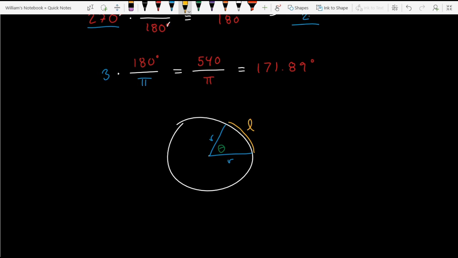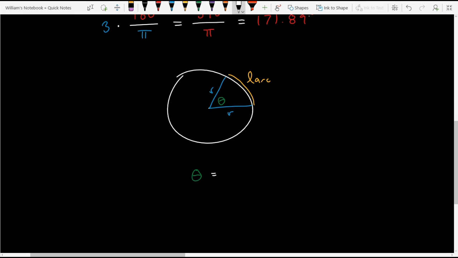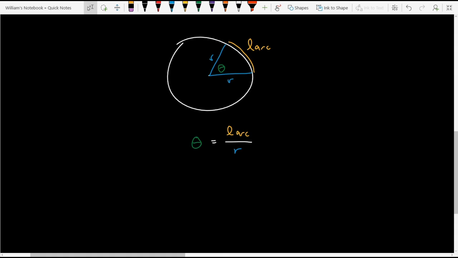We're going to be using the length of the arc when we are deriving the ratio between degrees and radians. One relationship that we have come to understand between angles, the radius, and the arc of a circle, when you draw it like this, is that the angle is equal to the length of the arc divided by the radius of the circle.